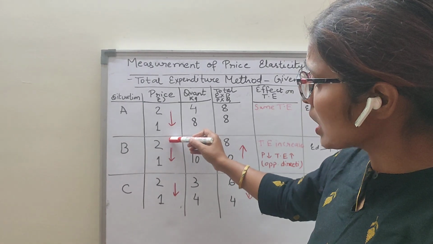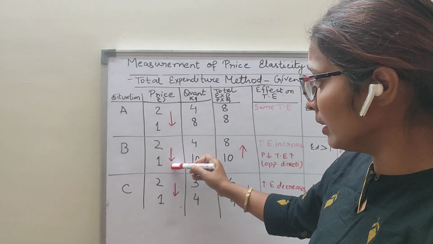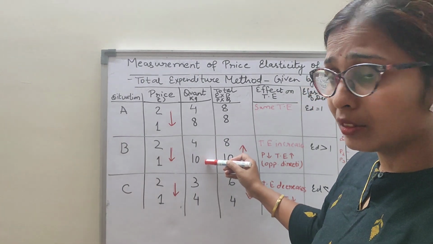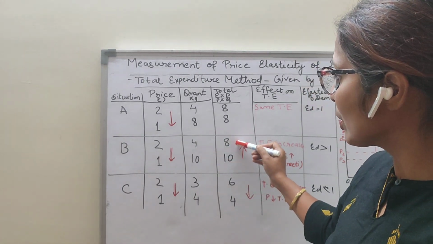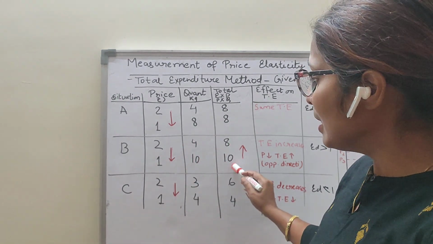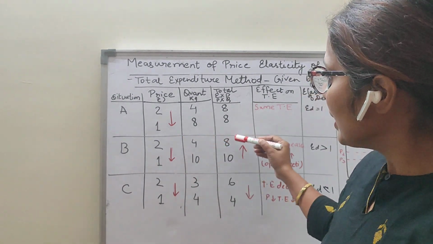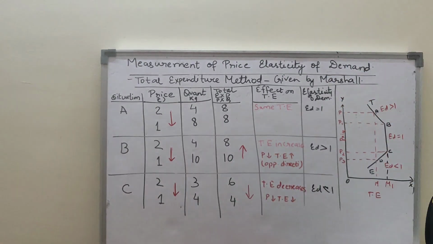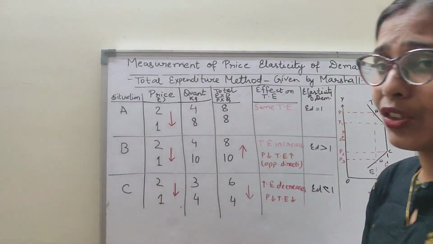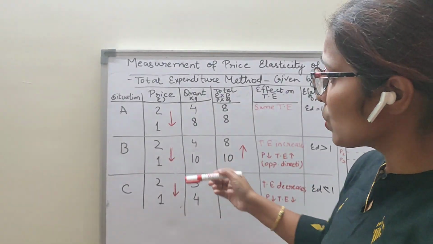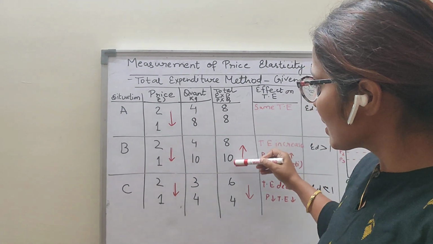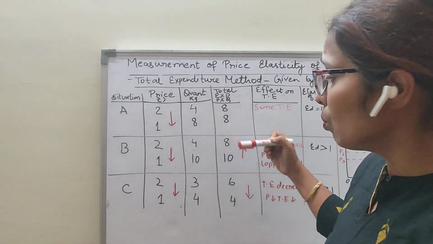Now situation B. When my price falls from rupees 2 to rupees 1, my quantity increases from 4 to 10. And see my expenditure column, 2 into 4 is 8, 1 into 10 is 10. That means when my price falls, my total expenditure is increasing. Clear? It is going in the opposite direction, inverse relation. Or suppose when my price rises from rupees 1 to 2, my total expenditure falls from 10 to 8.